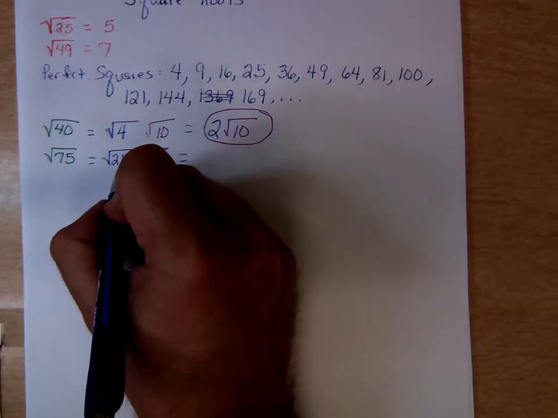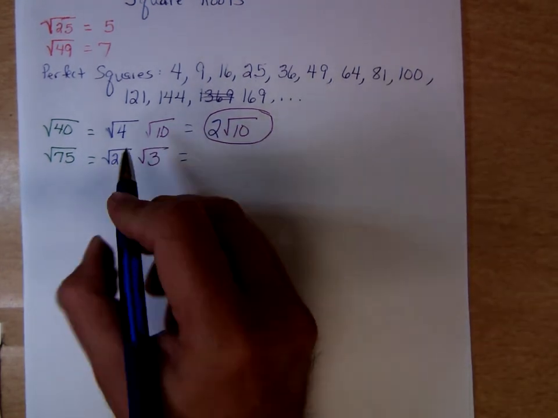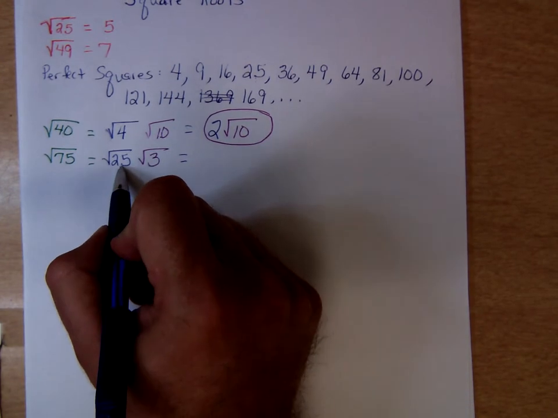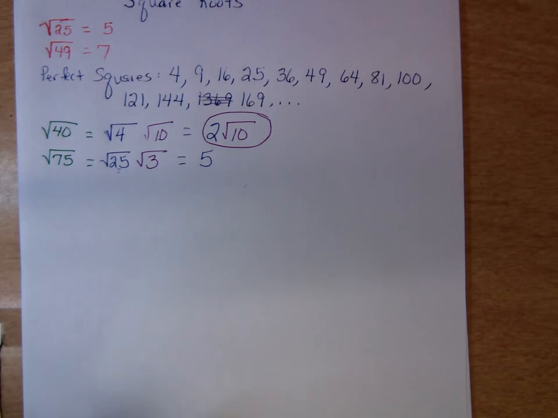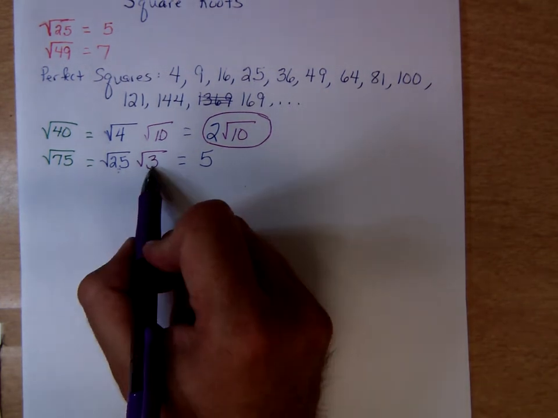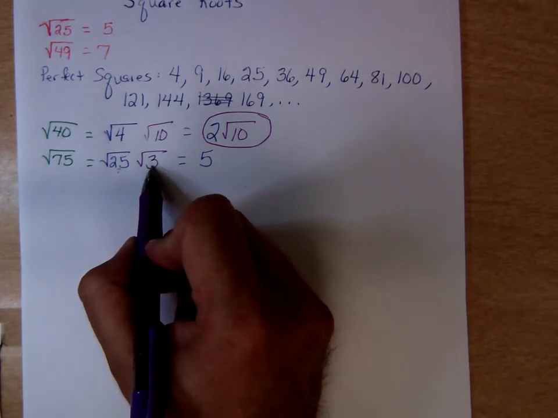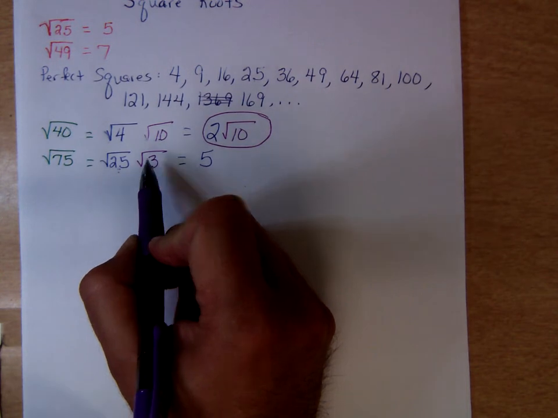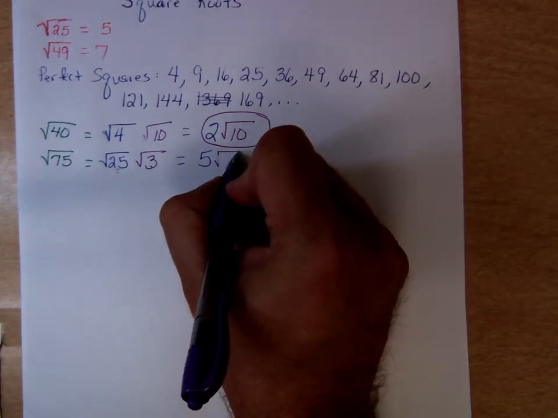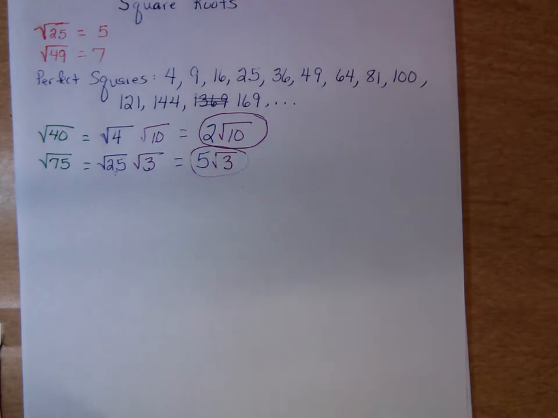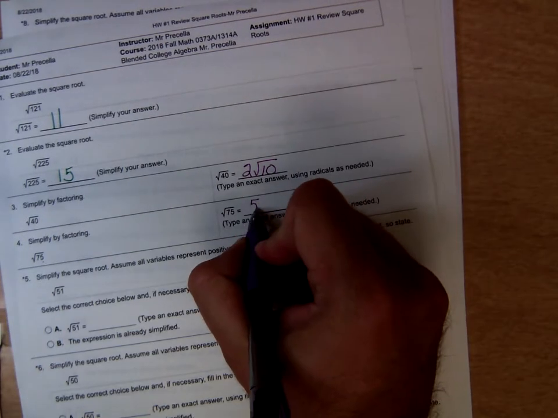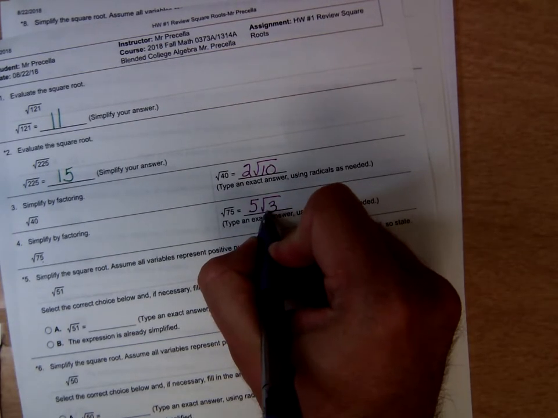The square root of 25, I don't know if you can tell the colors here, but that's in blue. That's going to be a blue 5. This is a purple. Oh, the colors up there on the screen don't look so great with the projector, but hopefully you can tell that's a purple 5 square root of 3. So we say that the square root of 75 is 5 square root of 3.